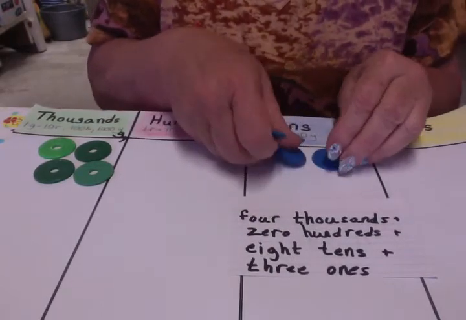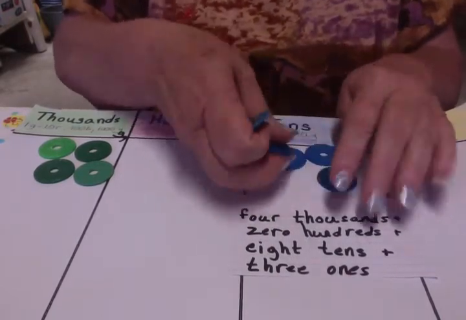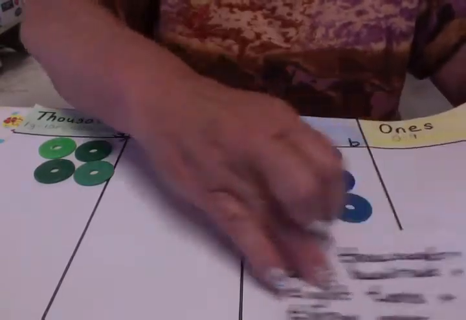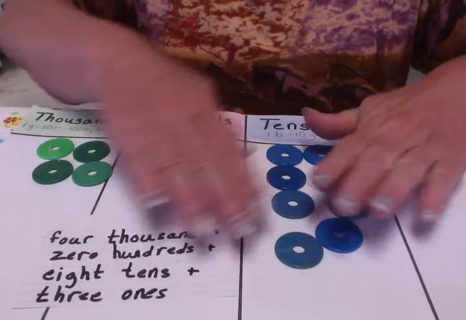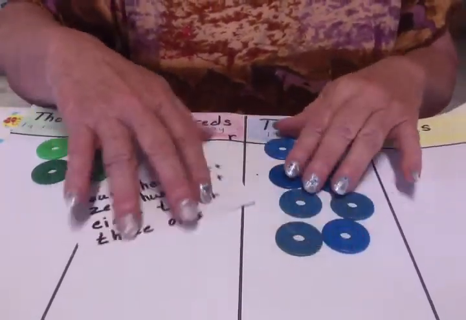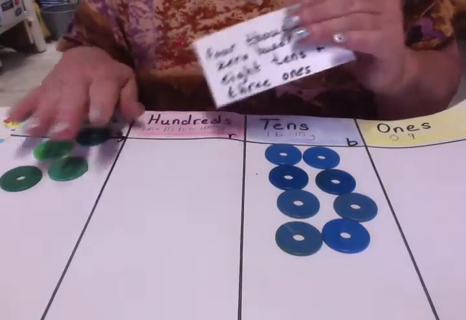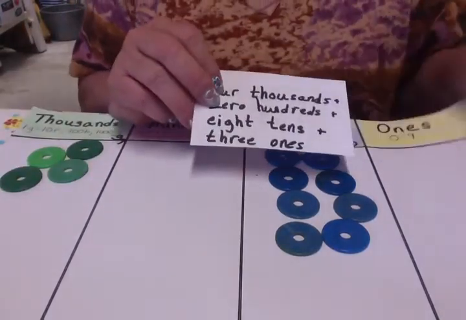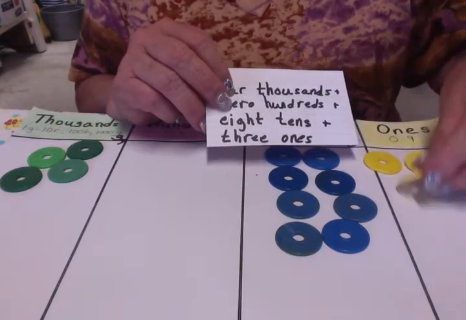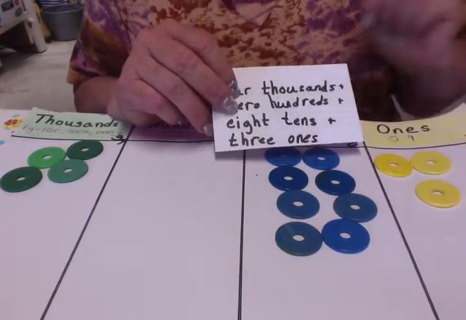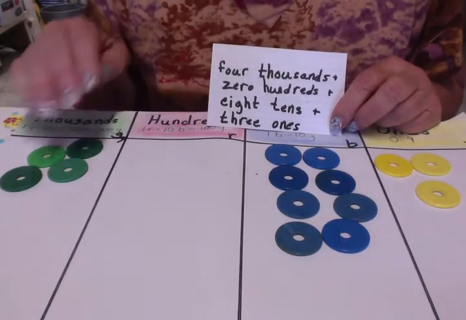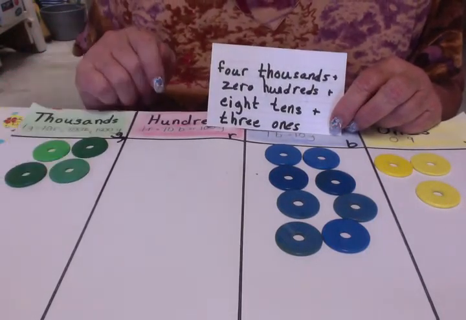Remember, I do everything by 2s. There's 2, 4, 6, and 8. 8 tens. And 3 ones. So I want 1, 2, 3. Does your board look the same? Were you doing it with me when I was doing this?